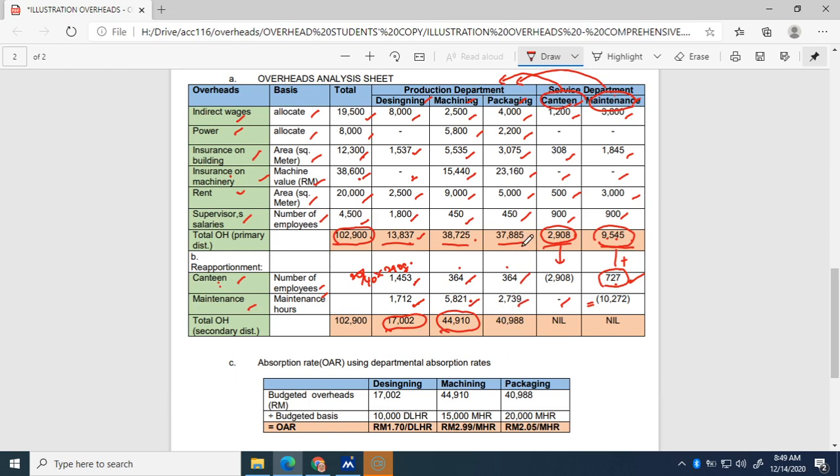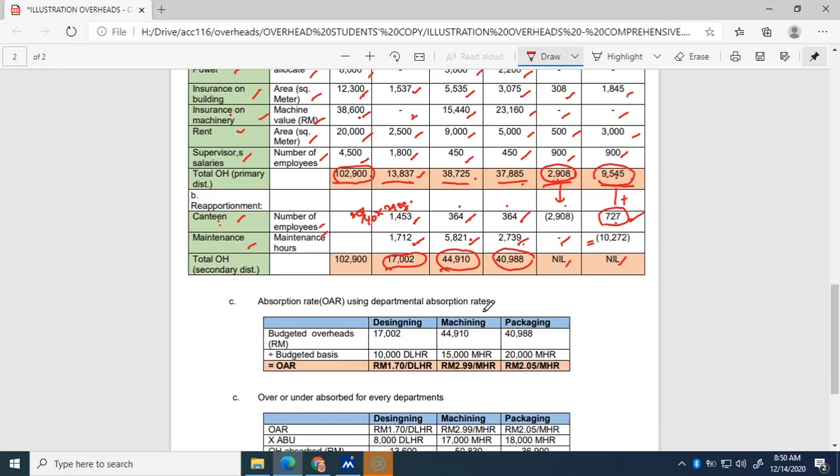Packaging, okay, primary distribution 37,885, receive from canteen plus receive from maintenance, so you get 40,988. Okay, canteen and maintenance should be 0. 2,908 minus 2,908 is 0, nil. Okay, 9,545 plus 727, minus 10,272 will be 0, nil. Okay, so finish B, reapportionment.